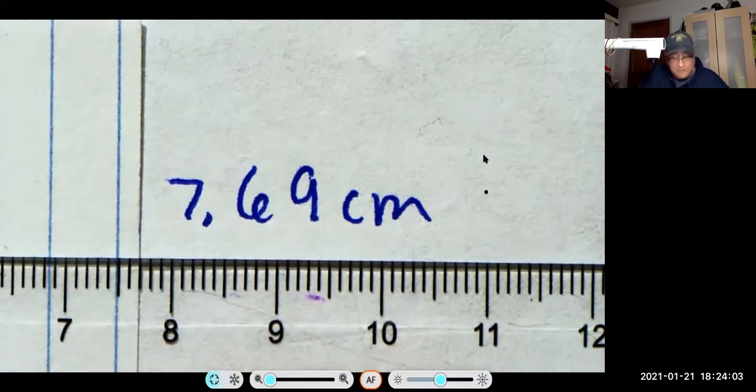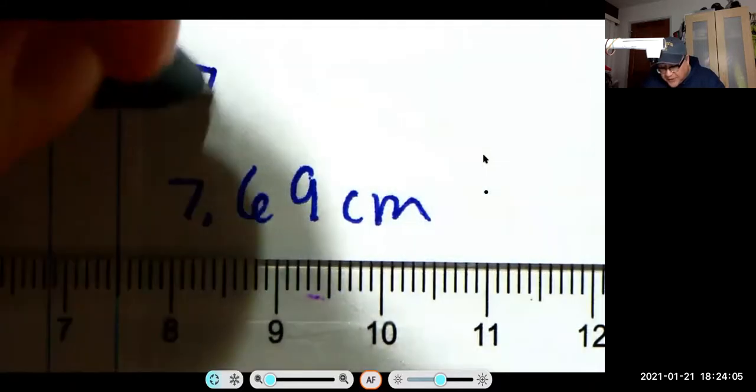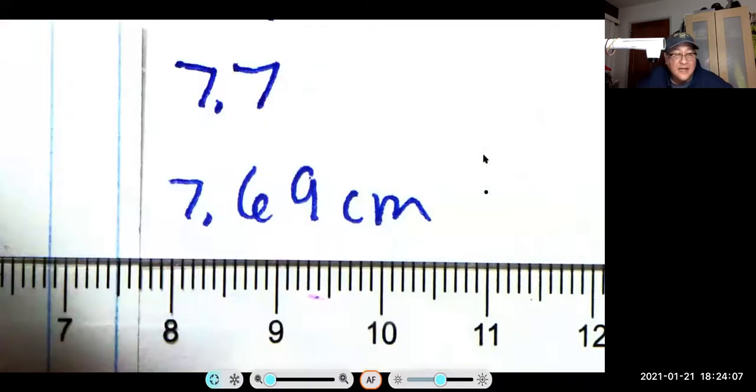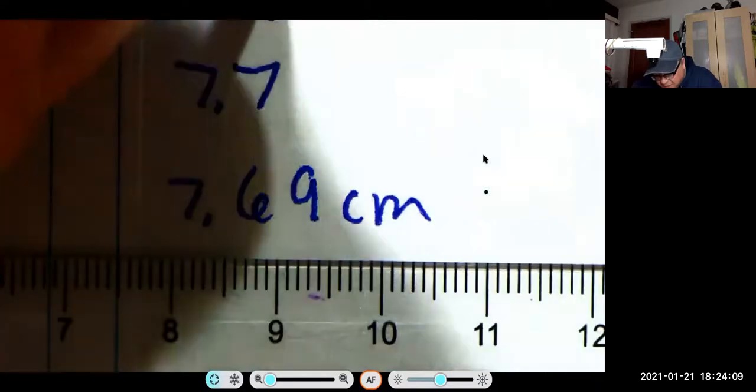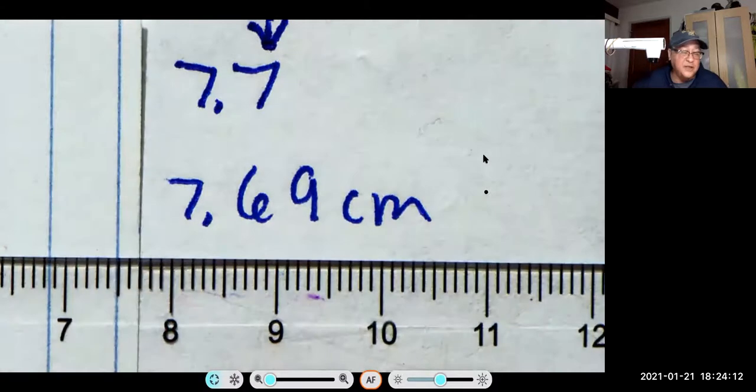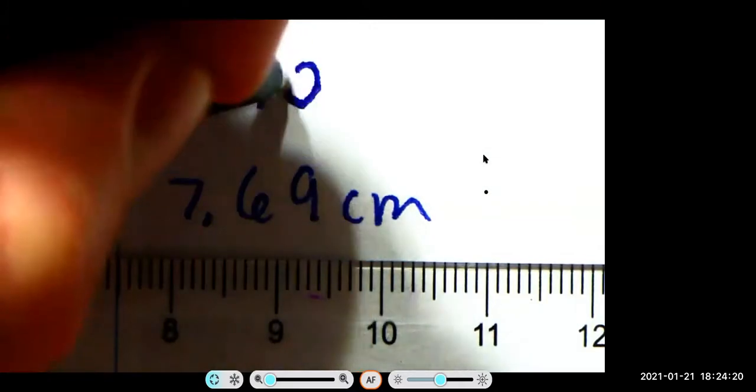What should we write? Well, if we write 7.7 and that's it, that means that this 7 here is wishy-washy. It could be an 8, it could be a 6. How do we convey to people that we think it's right on the 7.7? And the answer is you put a 0 here.